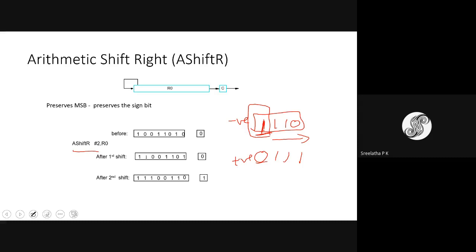Other than that, it is the same right shift operation, and the bits are shifted to the right. But the MSB value, whatever is there, 0 or 1, is retained. Okay, that is arithmetic shift right.